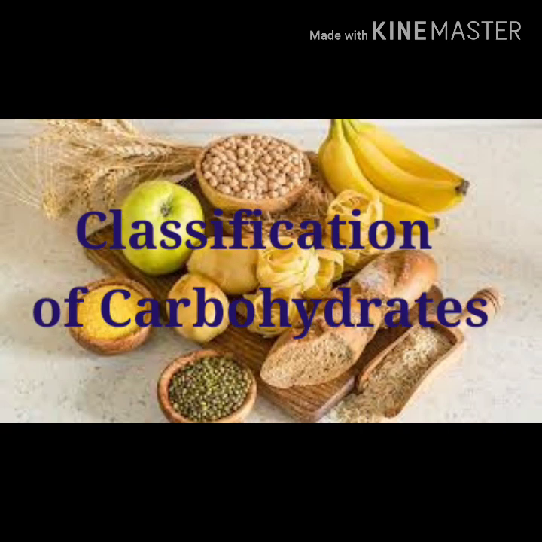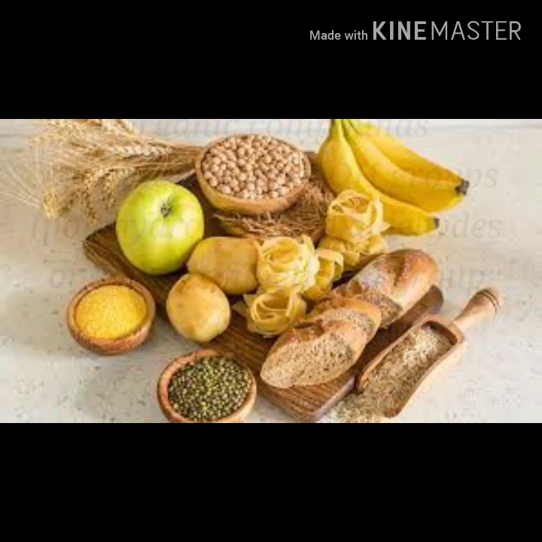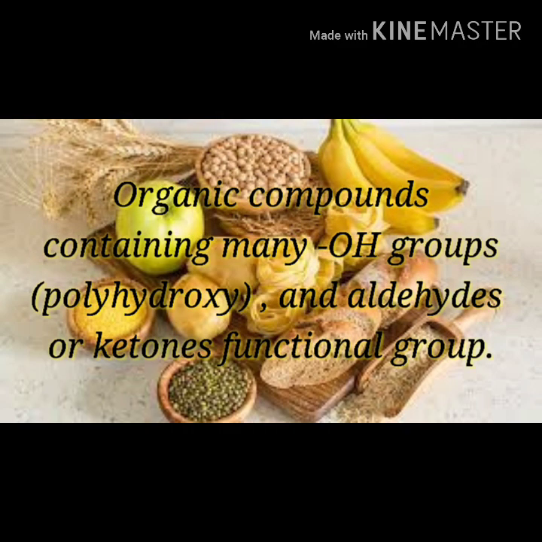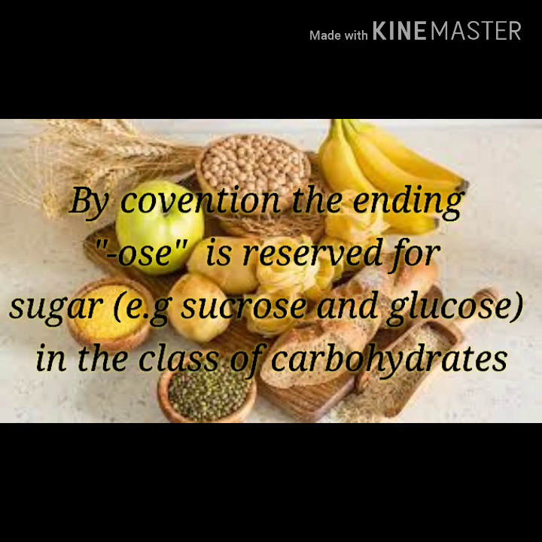The classification of carbohydrates. Carbohydrates are organic compounds containing many OH groups, or polyhydroxy, and aldehyde or ketone functional groups. By convention, the ending "-ose" denotes sugars, for example sucrose and glucose, in the class of carbohydrates.